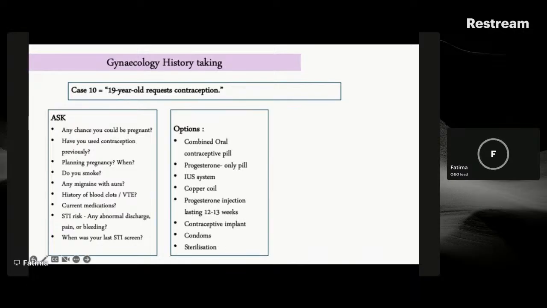Options include the combined oral contraceptive pill, the progesterone-only pill, the intrauterine system, the copper coil, the progesterone injection that lasts 12 to 13 weeks, the contraceptive implant, condoms, or even sterilization. It's important to also know, does she want to get pregnant in the future, and when, because then you would be using reversible rather than irreversible forms such as sterilization.